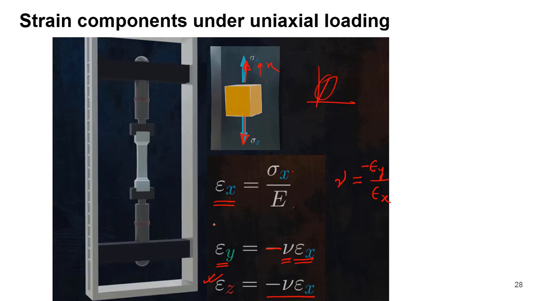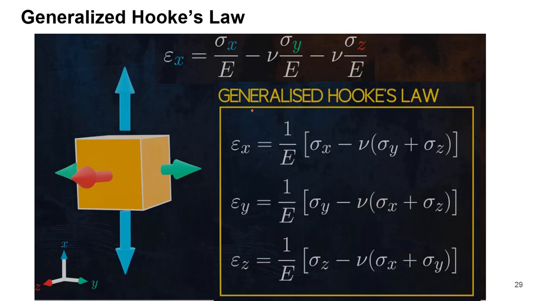But let us consider, instead of uniaxial loading, suppose load is there in all 3 axes, x, y and z. Then what will happen? In that case remember that epsilon x will not be only sigma x by E, because in the y direction there is stress sigma y, right?